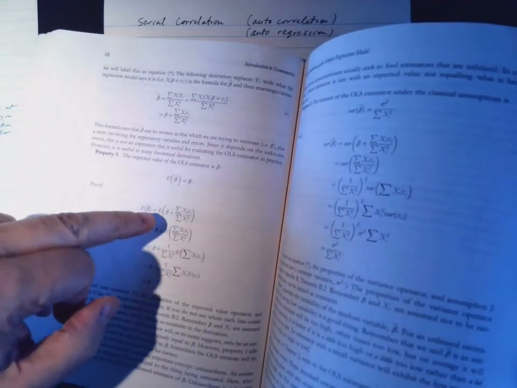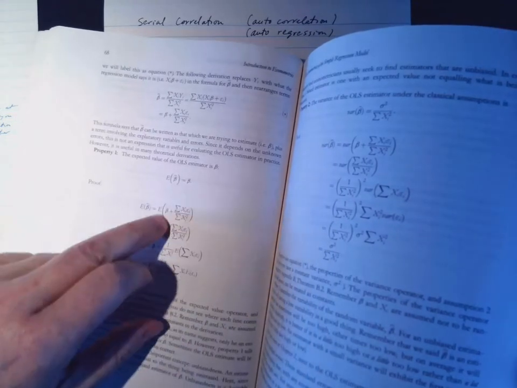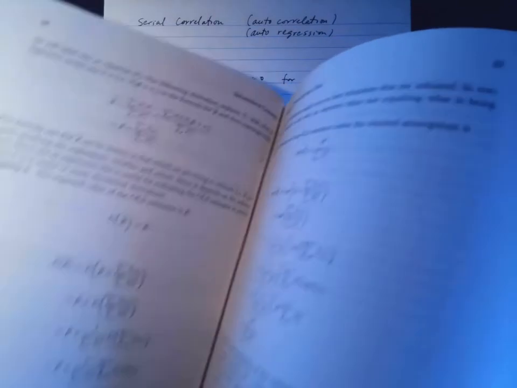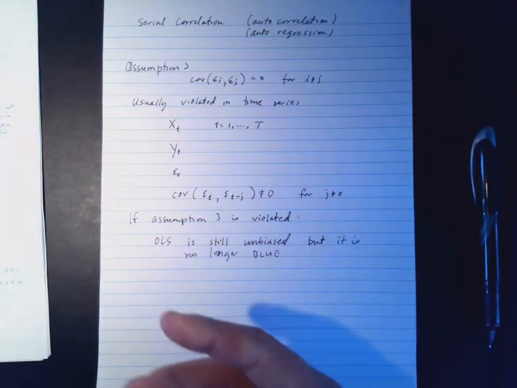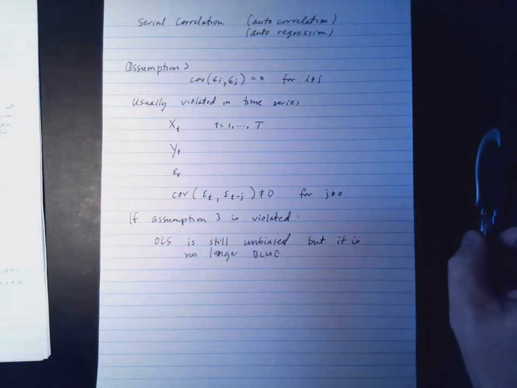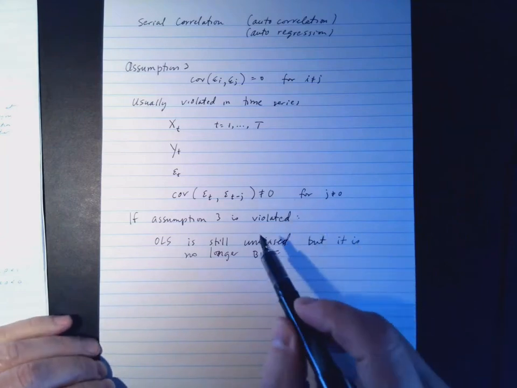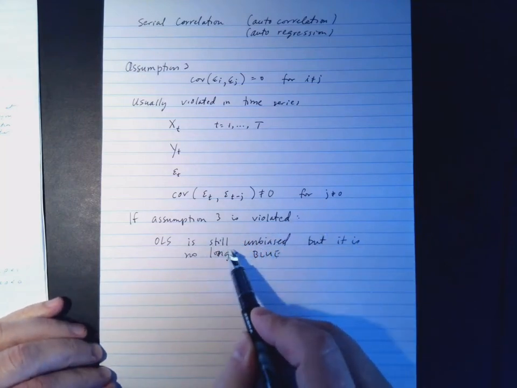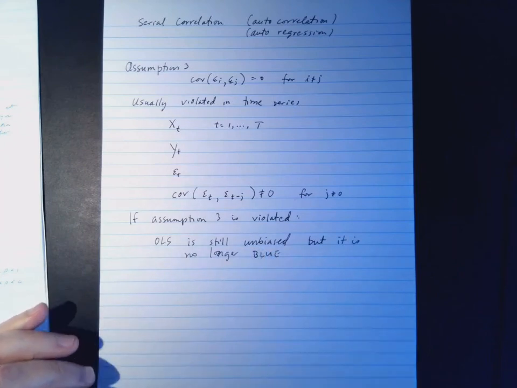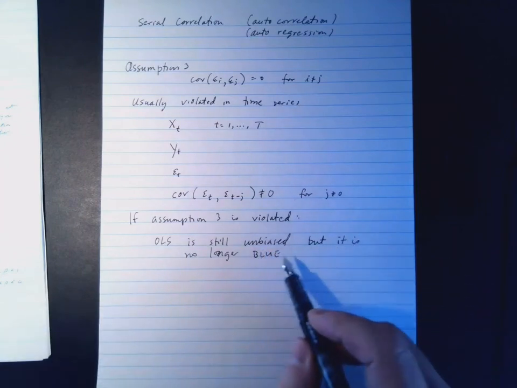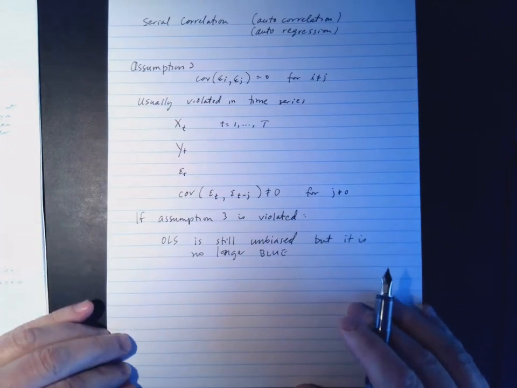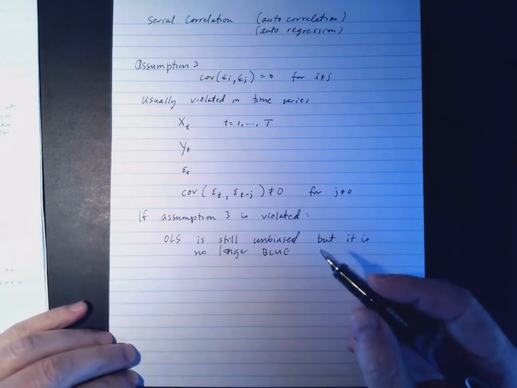In other words, assumption 3 is not part of that proof. So if assumption 3 doesn't hold, that proof still goes through. So we don't need to go through the proof again. We can just say, well, we didn't need assumption 3 for the proof that OLS is unbiased. But it is going to be the case that our variance estimate is biased. So what we do need to prove is that the variance estimator is biased.